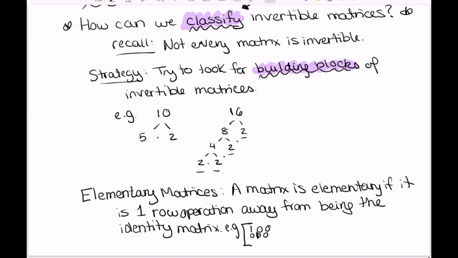So if we take the identity matrix with 3 dimensions, and we say take row 1 to row 1 plus 2 row 2, then we're going to end up with a matrix that just has one entry different than the first one. So it's 1, 2, 0, 0, 1, 0, 0, 0, 1. And that's our elementary matrix.